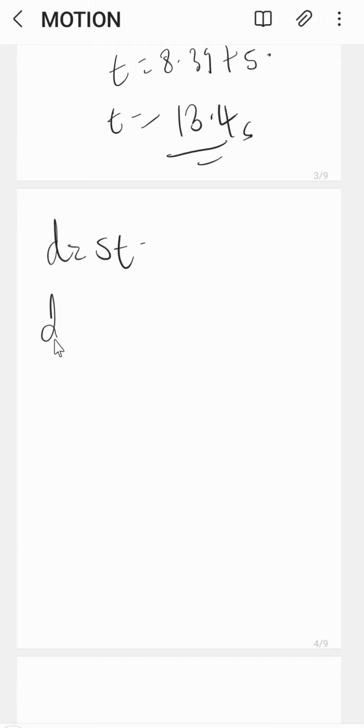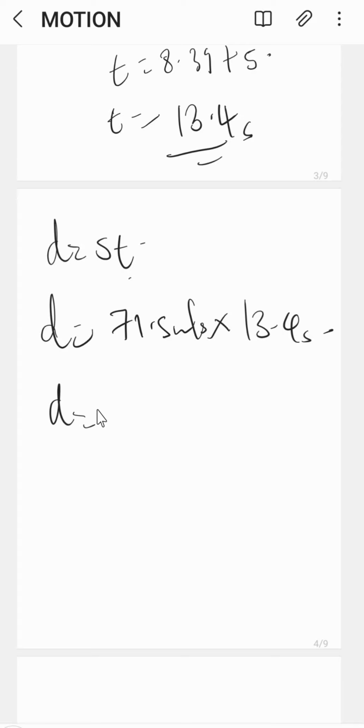So the distance that the Mercedes Benz is at right now, traveling at this speed, is 71.5 multiplied by 13.4. The distance is 958.1, so we can just say 958 meters, like I said, 3 significant figures. So 958 meters is the distance the Mercedes Benz was at that time.